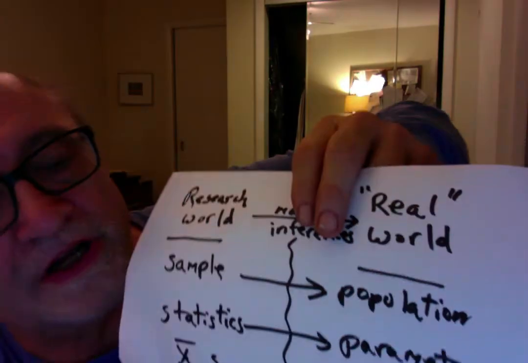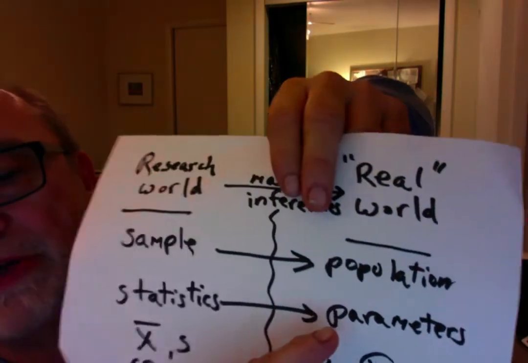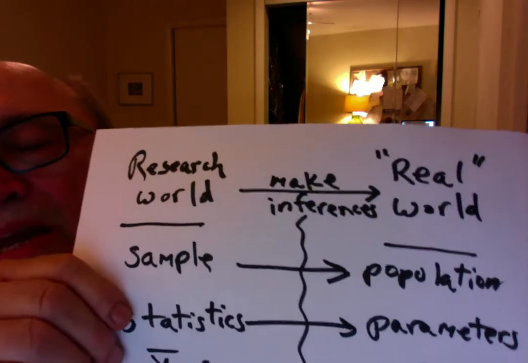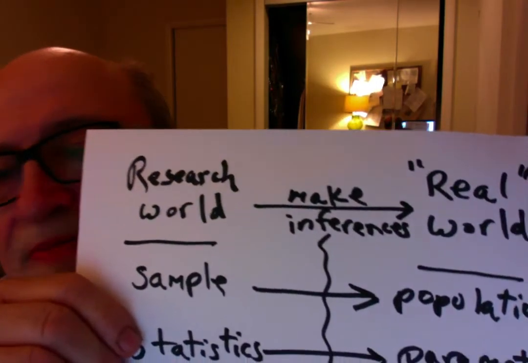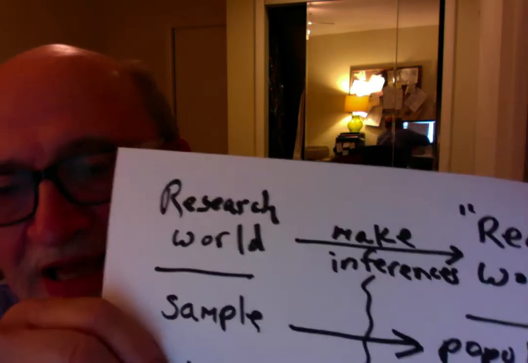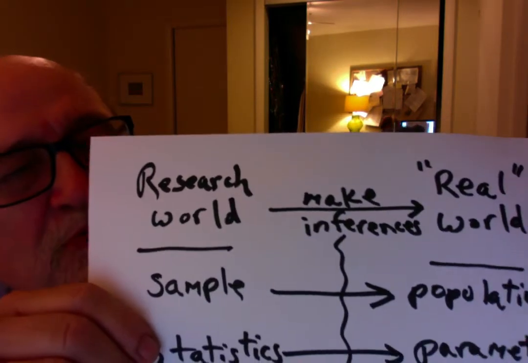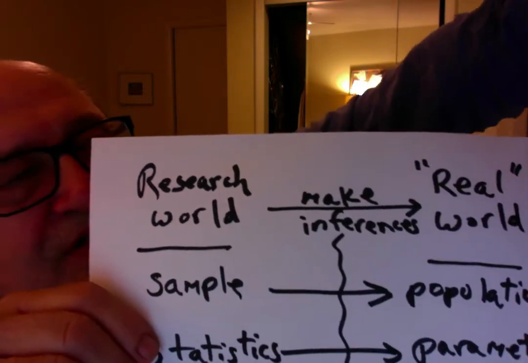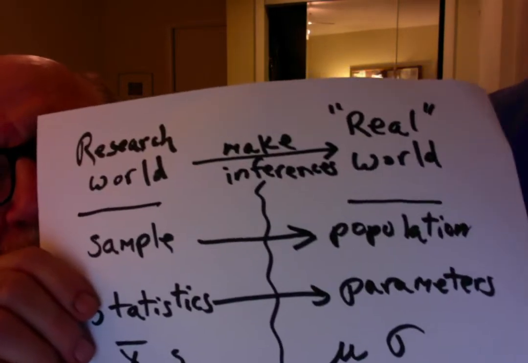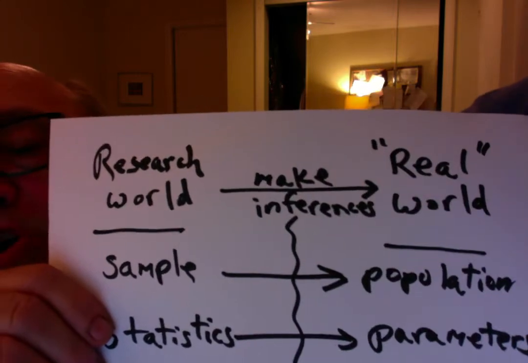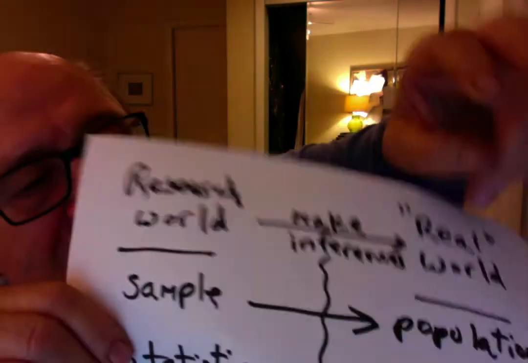We call those figures out in the population the parameters. So if we're looking at the mean income for American families, we might have a sample of 1,000 families. That mean is a statistic for our 1,000 families. But we're really interested in making inferences to what that figure is out in the population. That figure is called the parameter out in the population.